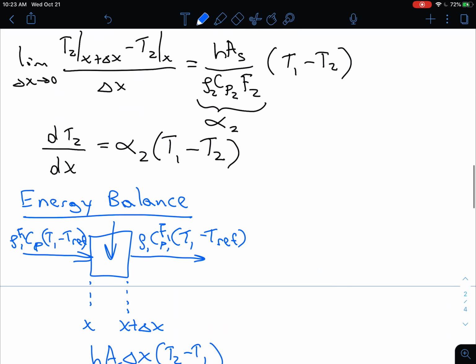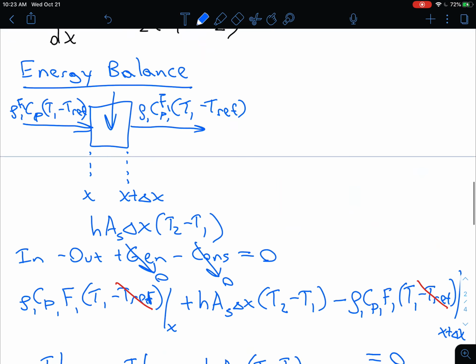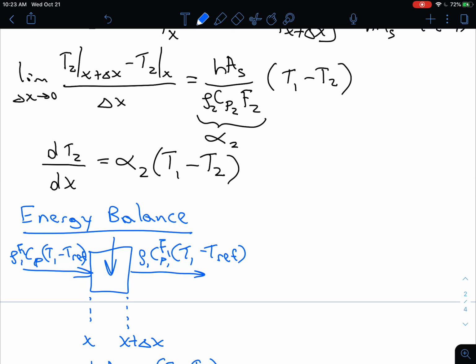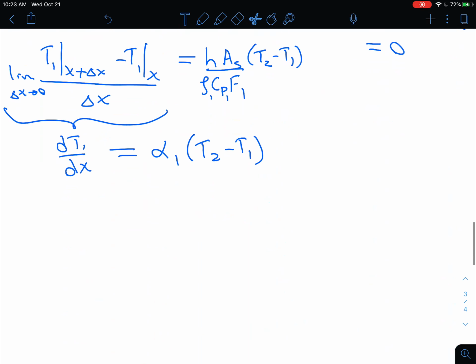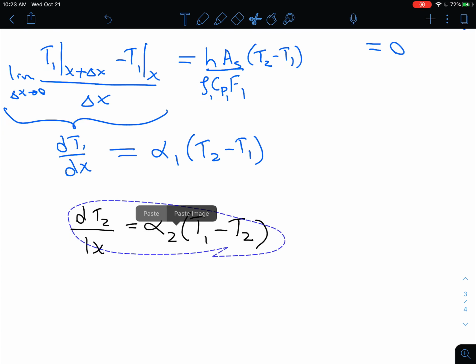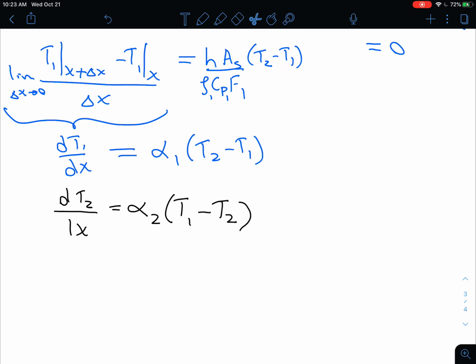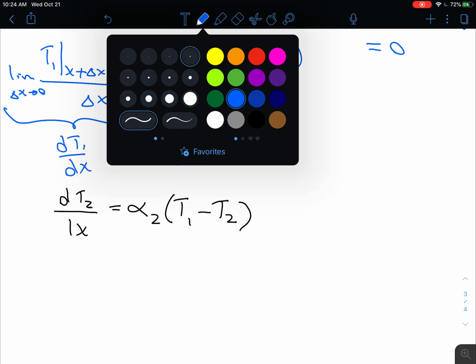So the system of equations is going to be, we actually get a system of two coupled differential equations.